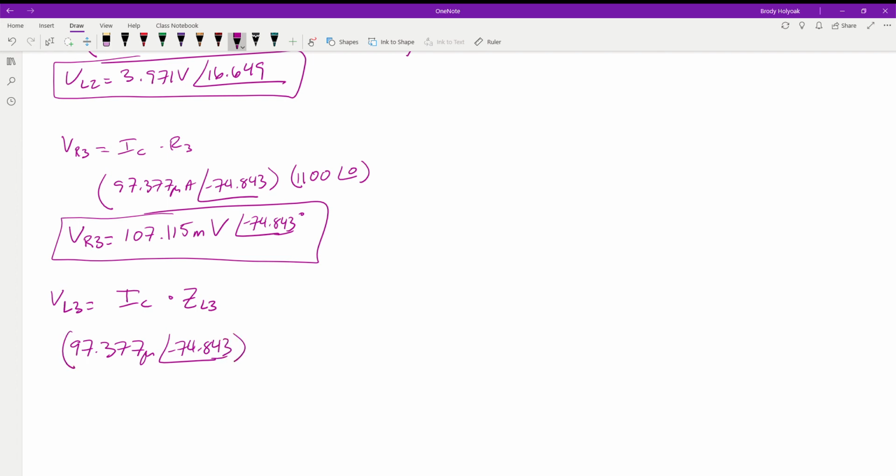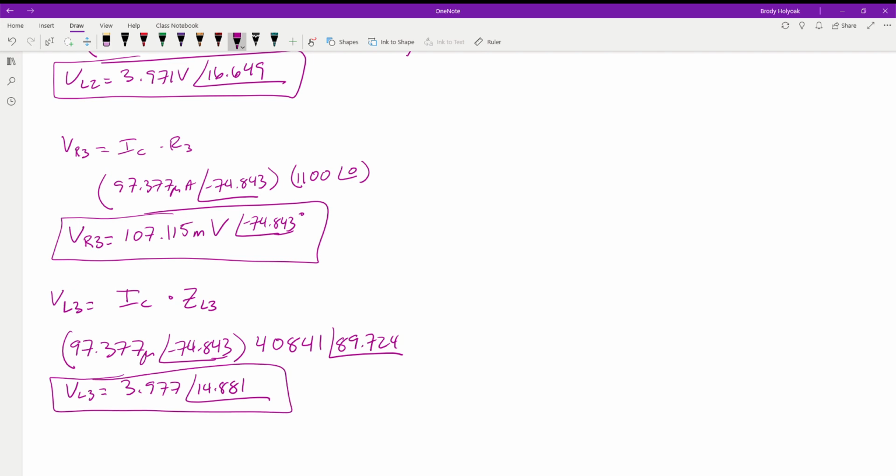That is multiplied by 40841 at an angle of 89.724. So the voltage drop across inductor 3 comes out to be 3.977 at an angle of 14.881 degrees. And with that, we have solved everything.